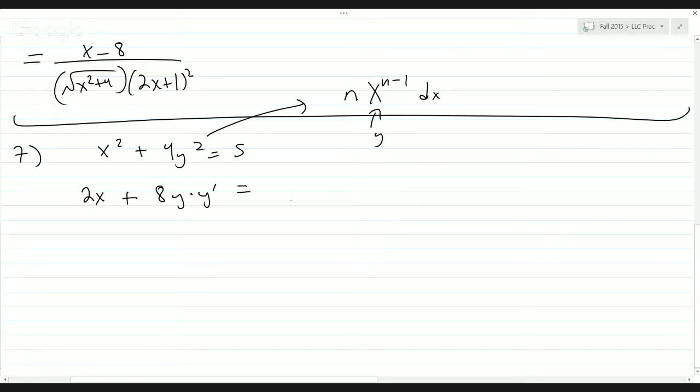What's the derivative of 5? Zero, because it's a constant. We have therefore, all right, so I just isolated the y prime.